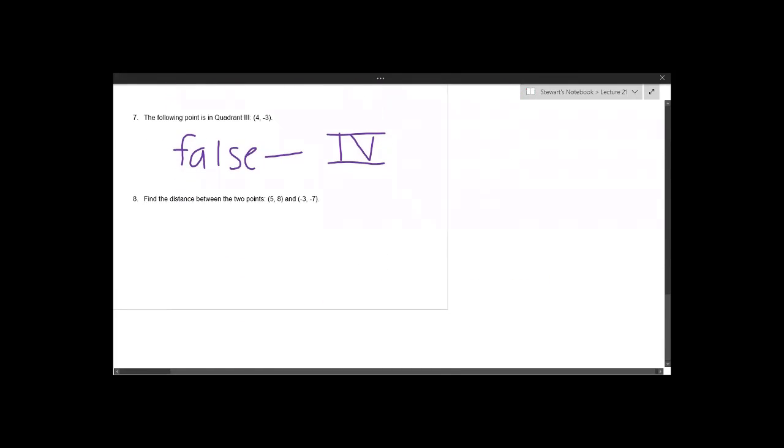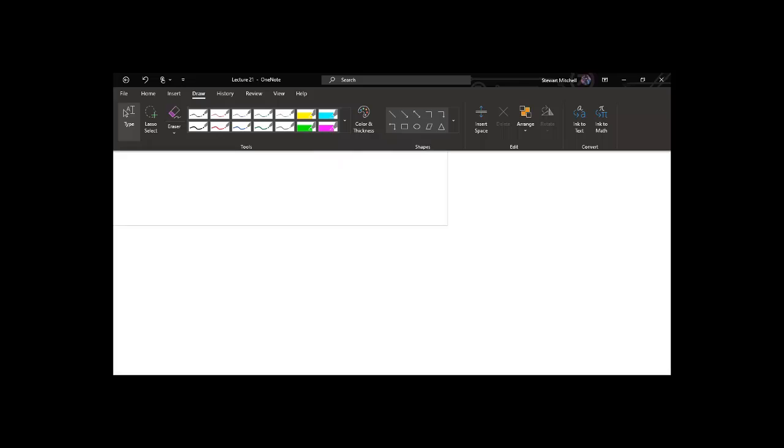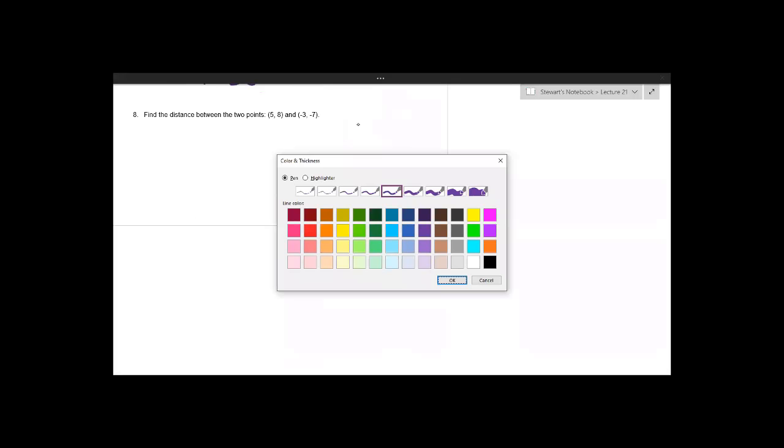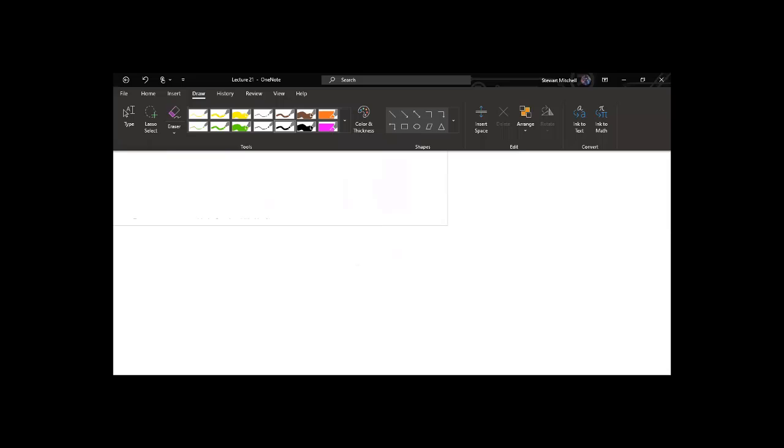Okay, and then now we have to find the distance between the 2 points, (5, 8) and (-3, -7). Okay, so believe it or not, this is actually really similar to what we did with the Pythagorean theorem because, and let me show you, let me illustrate this out.